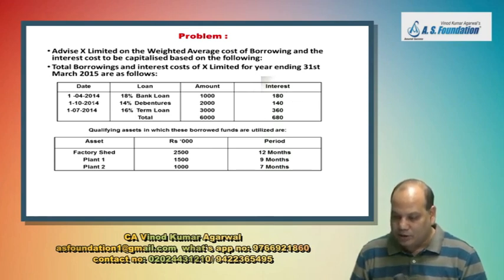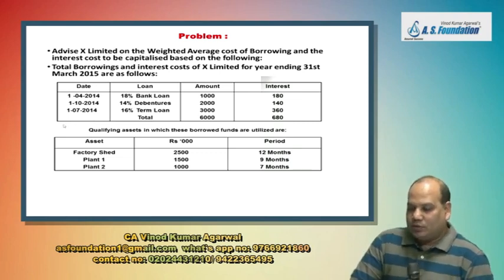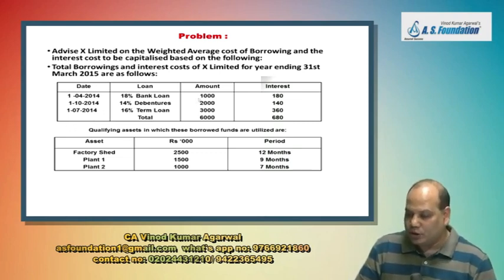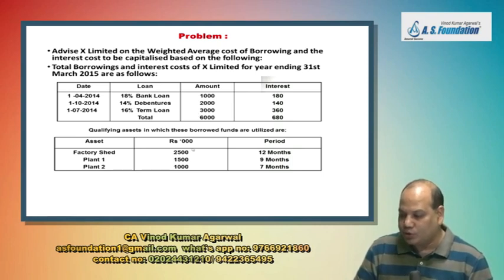And they have been taken at different points of time. So we'll have to prepare one weighted average borrowing amount. Now these 3 borrowings have been used for these 3 qualifying assets: factory shed, plant 1, plant 2. And these are the expenditure incurred on these qualifying assets.